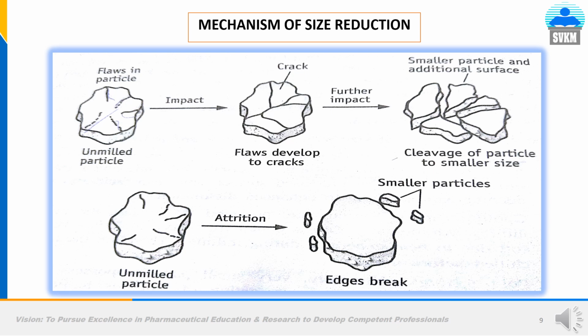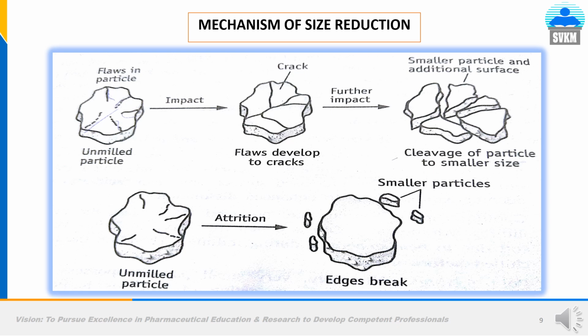With further application of stress or impact, smaller particles and additional surface form, with cleavage of particles into smaller sizes. In case of attrition, for an unmilled particle, after friction, the edges will break off as smaller particles and size reduction takes place. So in case of cutting, we use sharp blades or a knife to cut the particles.